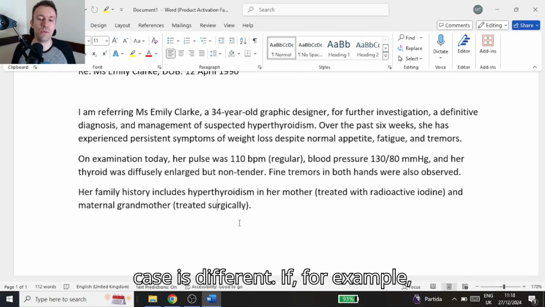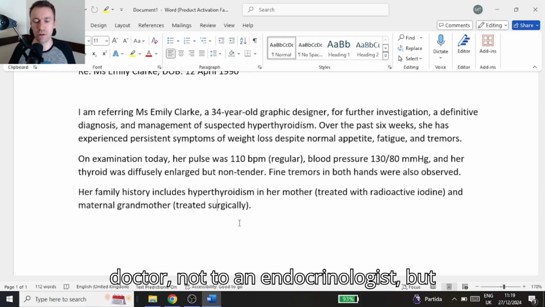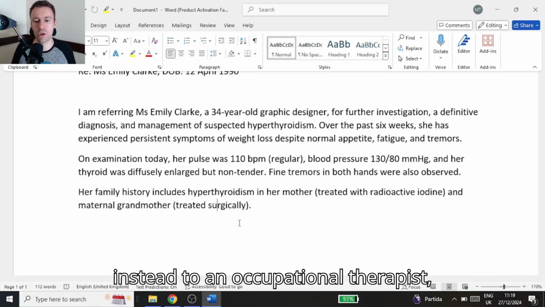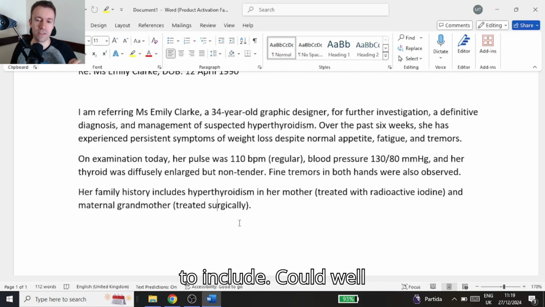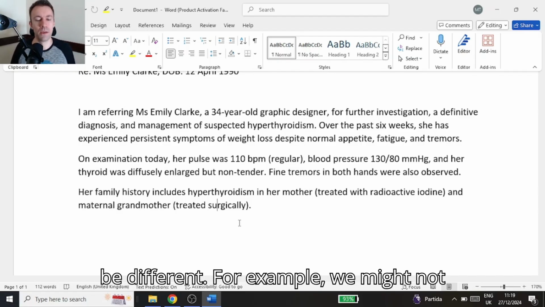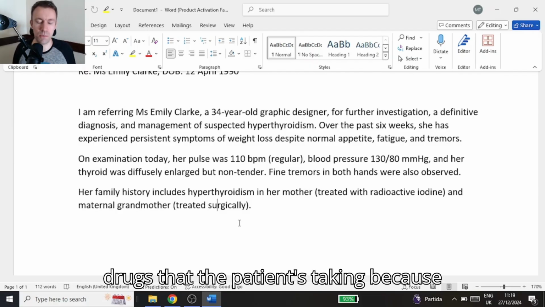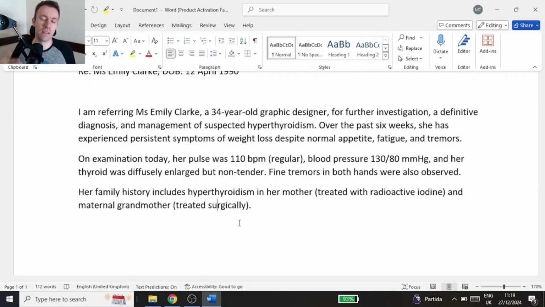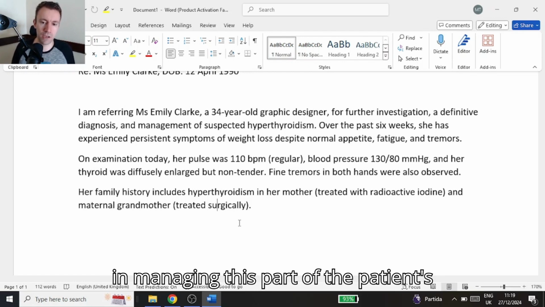If, for example, we were writing not to a doctor, not to an endocrinologist, but instead to an occupational therapist, then the information that we would select to include could well be different. For example, we might not want to include all of the names of the drugs that the patient's taking because an occupational therapist isn't involved in managing this part of the patient's care.